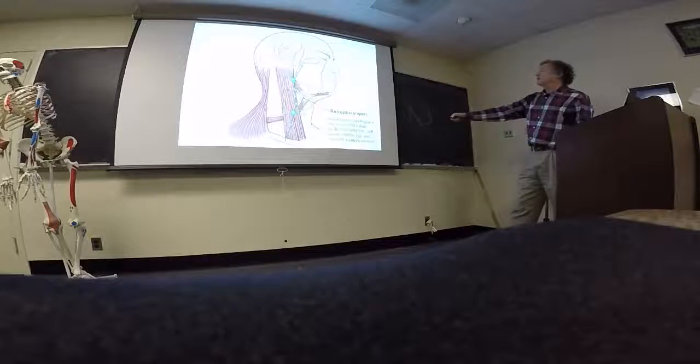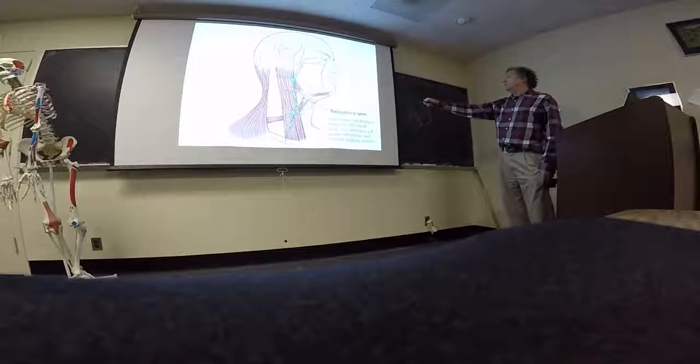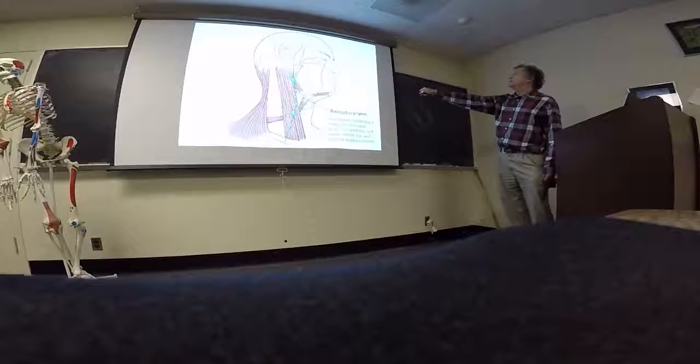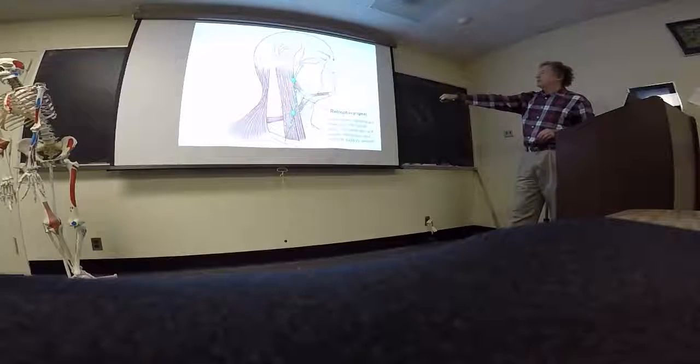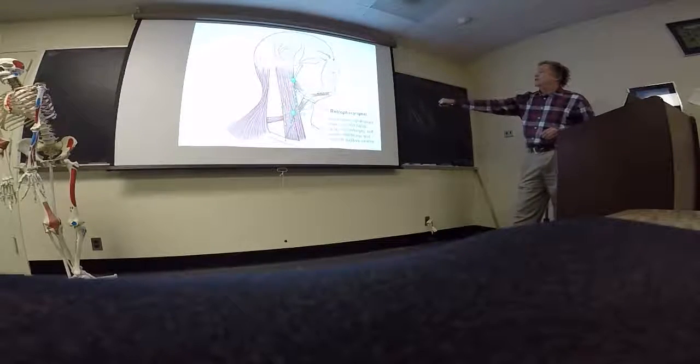The area of the posterior nasal cavity, the nasopharynx, the soft palate, the middle ear, all that deep area down in the deep face goes off usually into this retropharyngeal node right there.